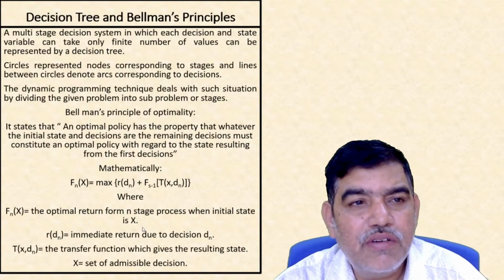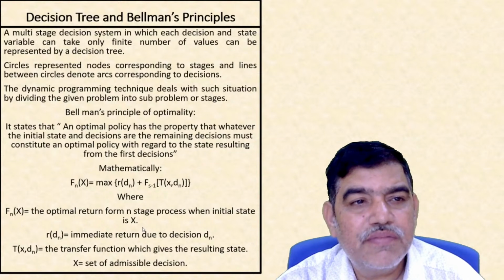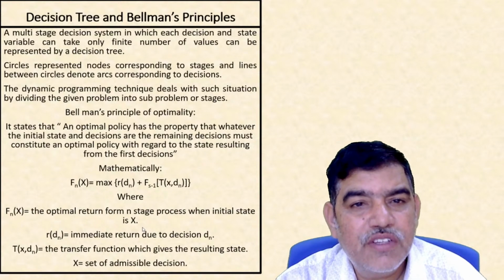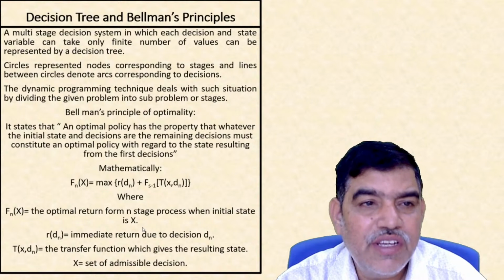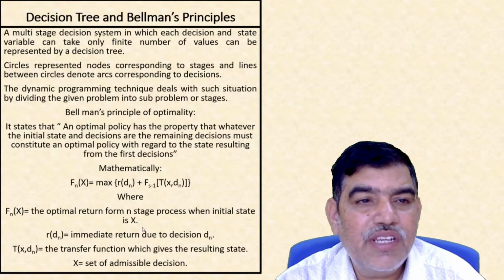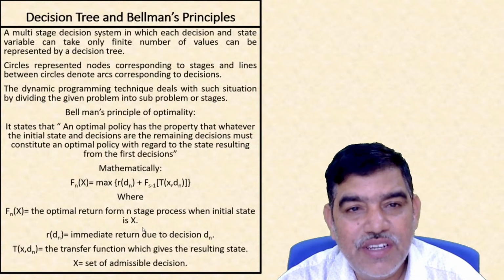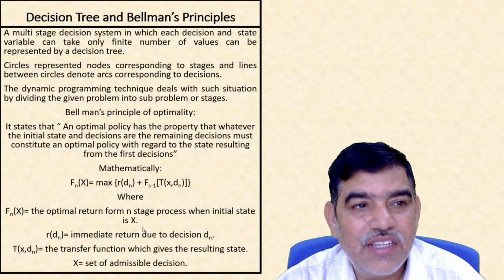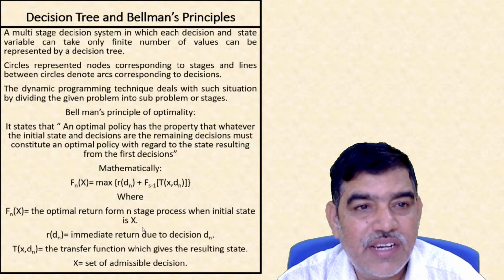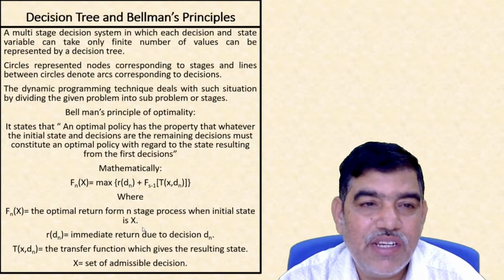Then we discuss the decision tree and Bellman's principle. What is actually a decision tree? A decision tree is a multi-stage decision system in which each decision and state variable can take only a finite number of values, and it can be represented by a decision tree.